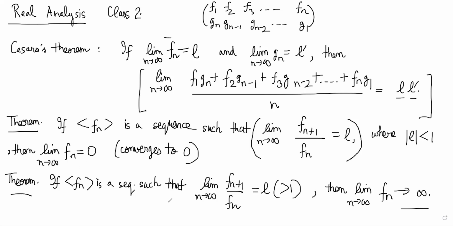Now we'll use these three theorems and try to do these questions. This one is: find the value of the limit as n tends to infinity of 2 power minus n multiplied by n square.